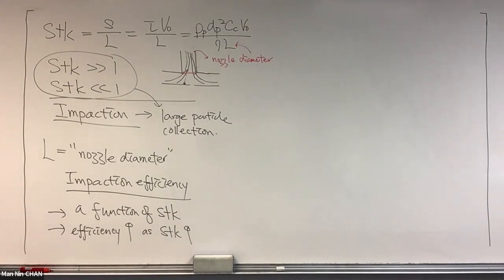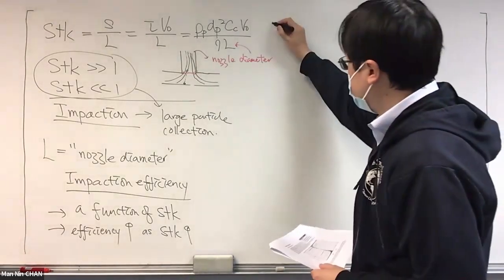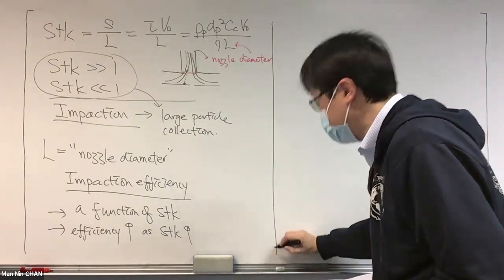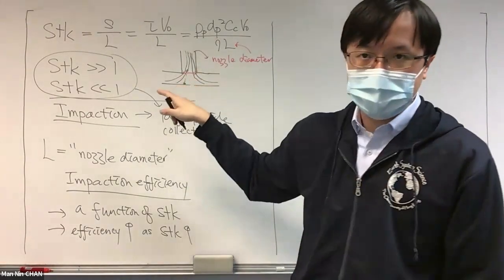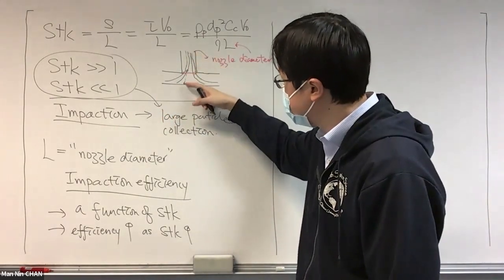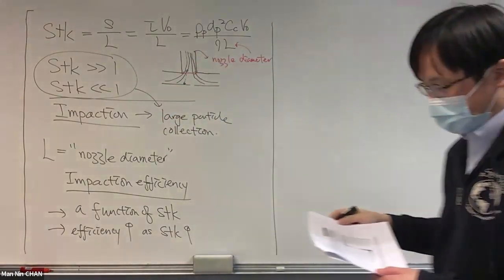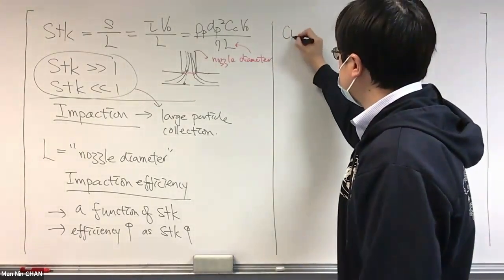This is what we call inertia impaction. For an impactor, we want to tell you what particle size we call the cutoff diameter.